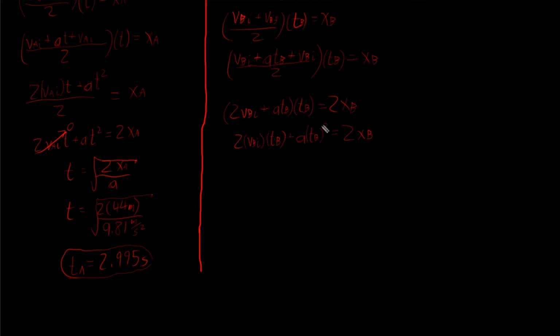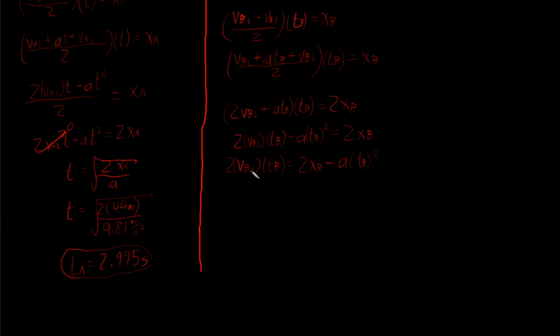This term here doesn't have any of the initial velocity of stone B, so we could just bring that over to the other side. So, 2 times the velocity of stone B initially times time B is equal to, this stays the same here, and then we just subtract this term because now it is on the other side.